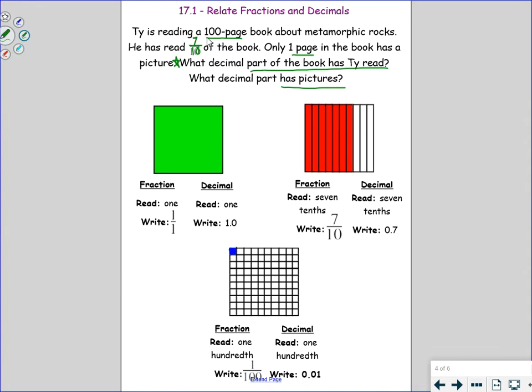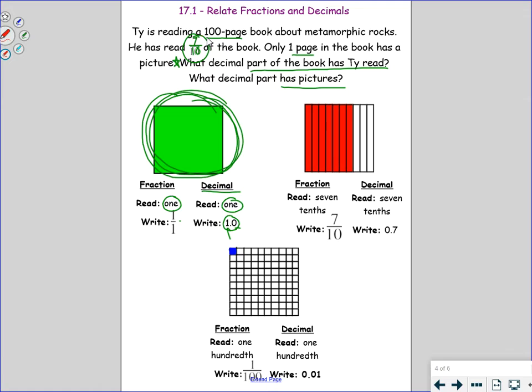I know that one entire square in this case is 1. You read that as 1, and you write that as 1 over 1. In decimal form, you read it the same way. That's still 1, but you write it as 1.0, because it is one whole and nothing else. So if we look back up here, 7/10.